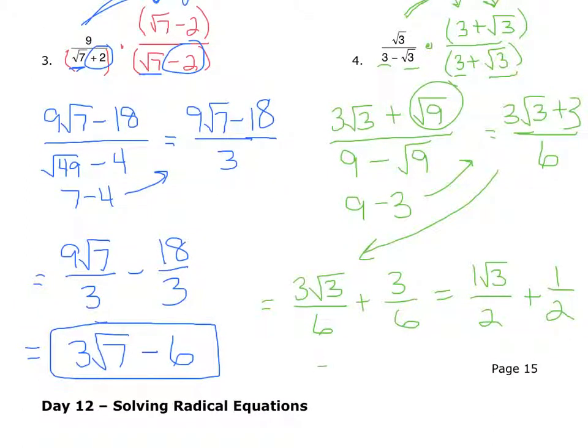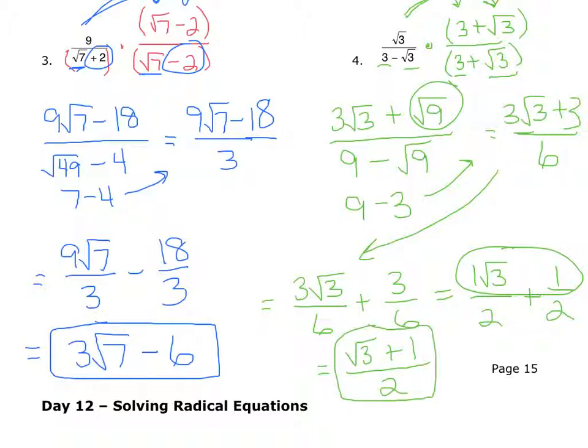Therefore, in the numerator, it's radical 3 plus 1 or 1 plus radical 3. Make sure the 1 is clearly not in the radical. And the whole thing is over 2. Since they have a common denominator, I can put those together as one fraction.